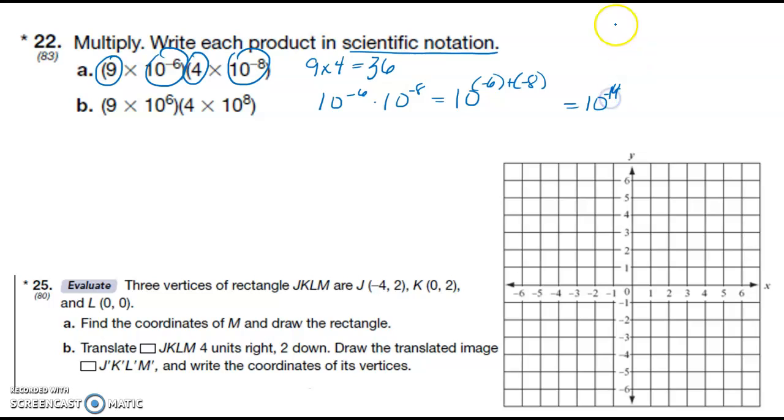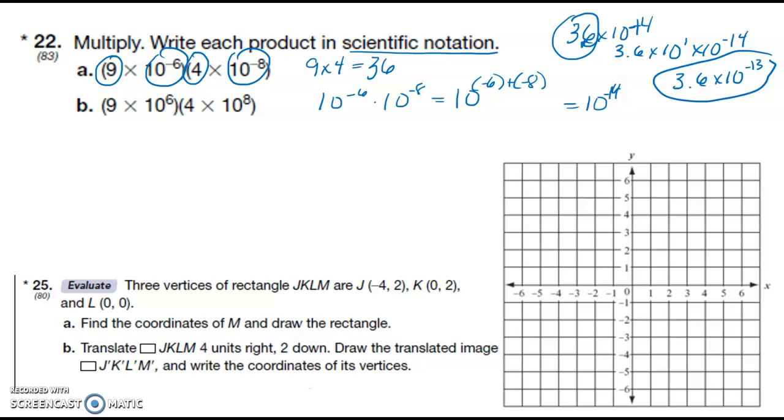Negative 14. Okay, so I have 36 times 10 to the negative 14th. This is not scientific notation. I have to move my decimal one. So I have 3.6 times 10 to the 1 times 10 to the negative 14. So 1 plus negative 14 is negative 13, and that's my answer.